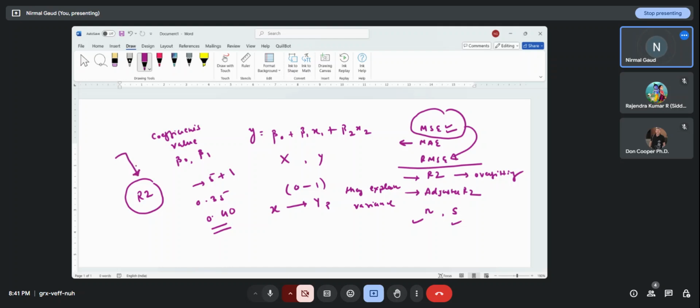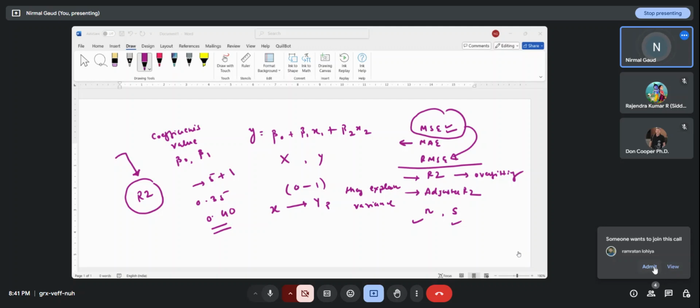Though yes, we calculate R2. R2 is dependent upon your data also, data to data, it will change. So there are many factors that will change the R2 score. So we are not strict about it.